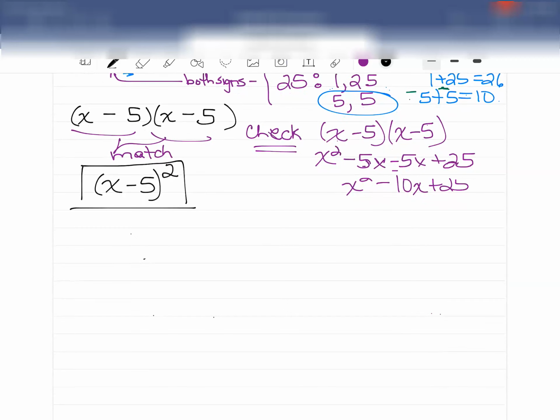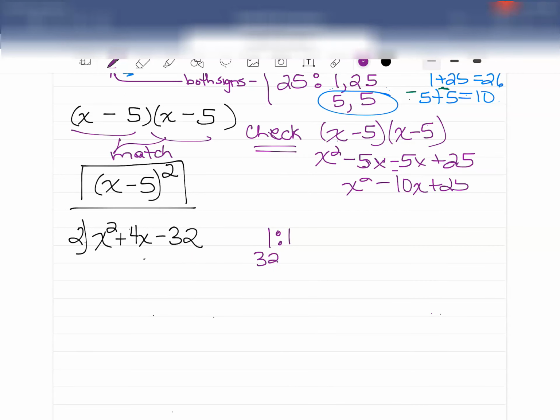Let's do another one. First thing to notice is there's a coefficient of 1 in front of the beginning x squared plus 4x minus 32. There's a coefficient of 1 in front of the x squared. So that means I can focus just on the back part, the minus 32. The 1 I'm not going to worry about, but I'm going to go ahead and write it down anyway.